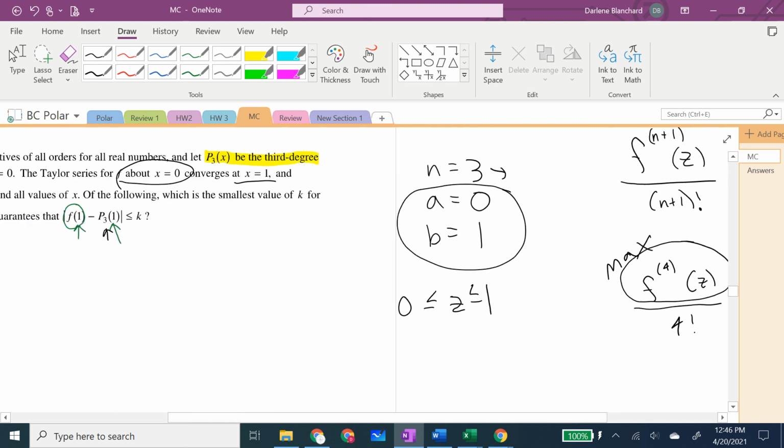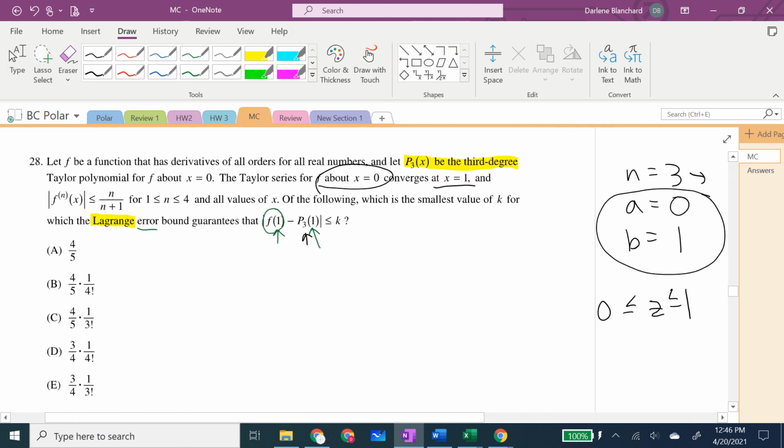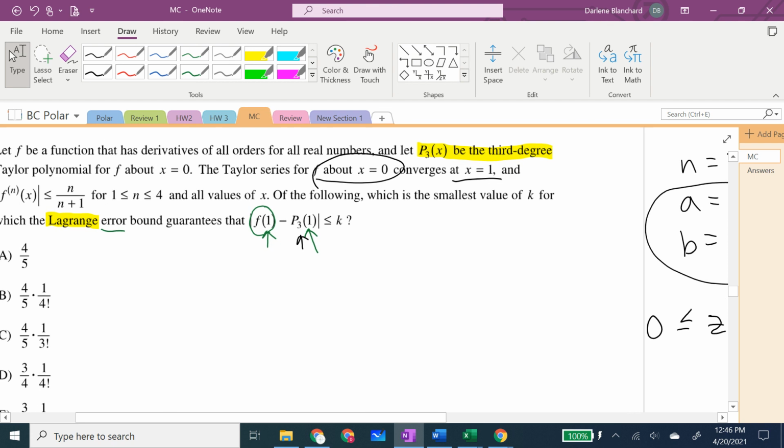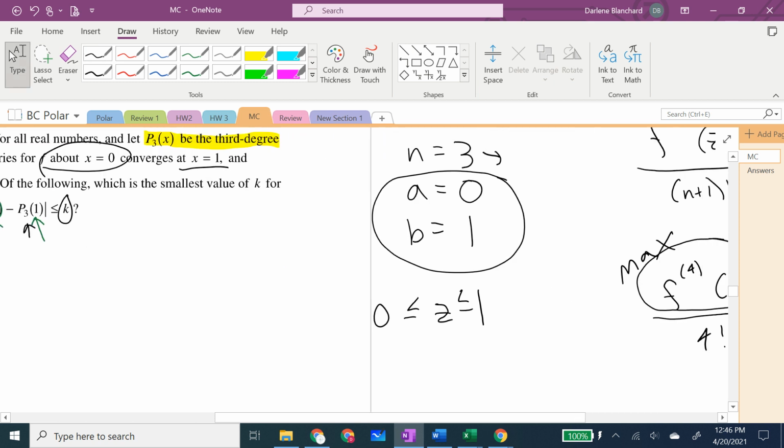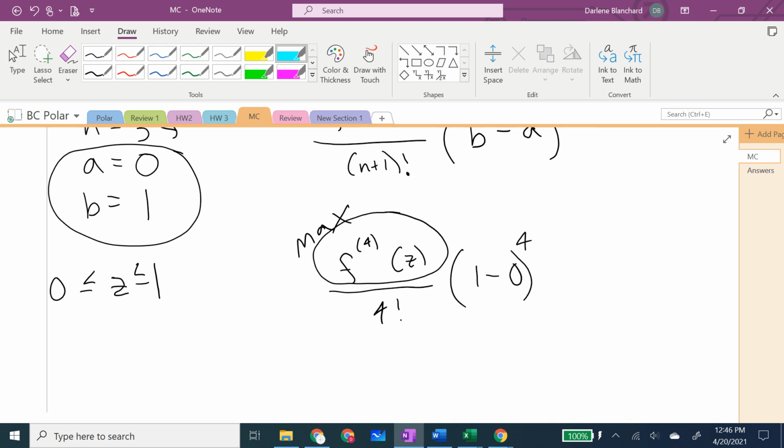Now let's go back and take a look. And it says, of the following, which is the smallest value of k for which the Lagrange error bound guarantees that this subtraction is less than or equal to k. So that is the error. Now, what information do I have to help me deal with the maximum value that I can possibly get for my fourth derivative over this interval?